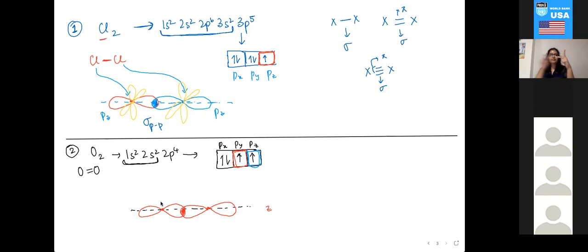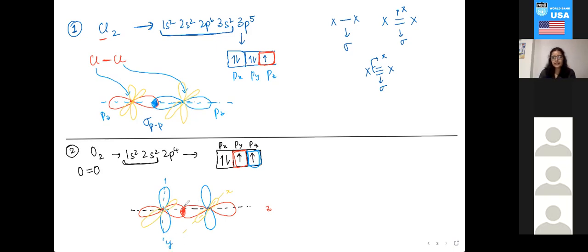They are like the 3 directions of the axes. If we take the horizontal as the z direction, your py orbital will be perpendicular to it. And the px orbital, imagine it's going inside and outside the screen, the 3rd direction. So this is the x direction, and this up-down direction is the y direction.